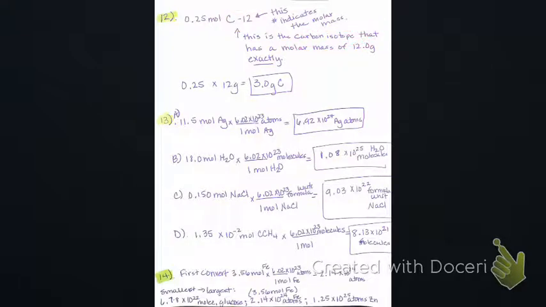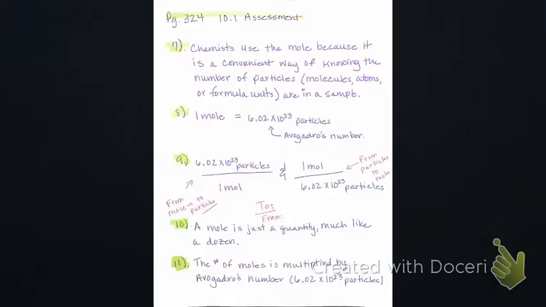So carbon 12 has a mass of exactly 12 grams, okay? And if we are dealing with 0.25 of that, which is a quarter, right? So a quarter of 12 grams is, sorry.